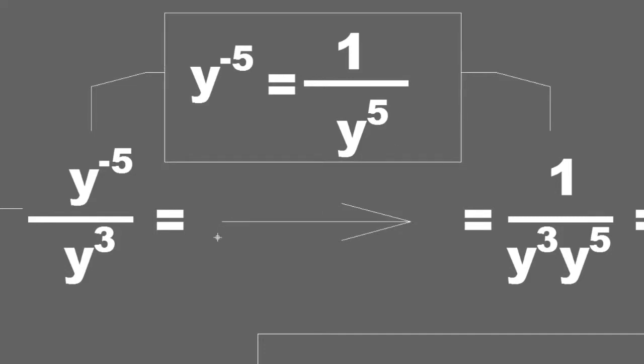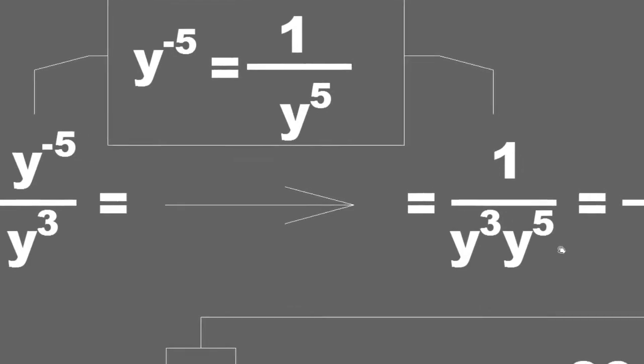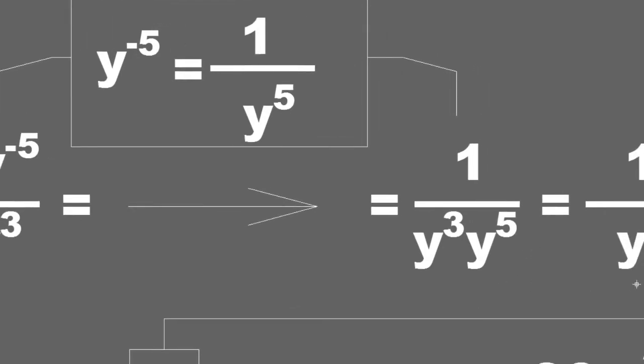And instead of going to a battle, what I have now is 1 divided by y cubed times y to the 5th power. And that becomes y to the 8th power. When you have similar bases, different exponents, you keep the same base and you add the exponents.